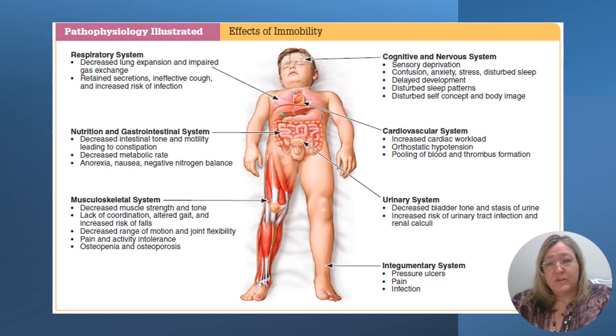Also, for children, I want you to think of things that affect them more. As long as they're bedbound or immobilized, they're getting less sensory input, and that can affect their development. You can have confusion, anxiety, stress, and disturbed sleep with prolonged immobility. Of course, you know that the integumentary system is affected because of pressure. But also think of changes to the gas exchange in the lungs.